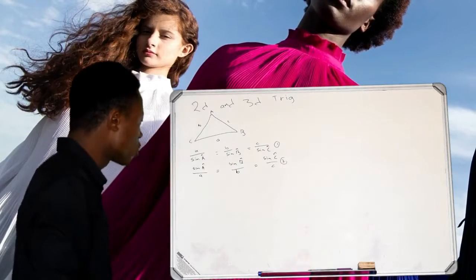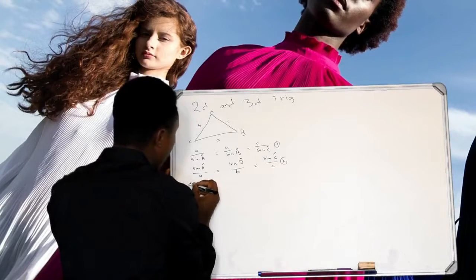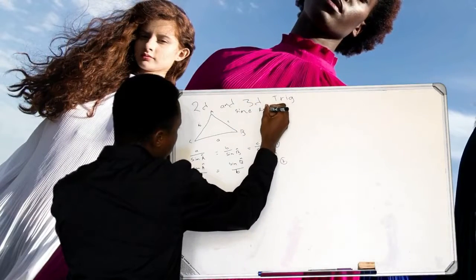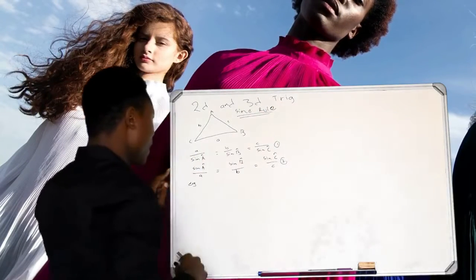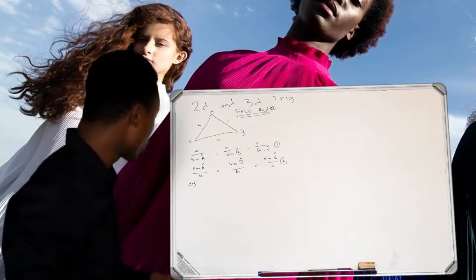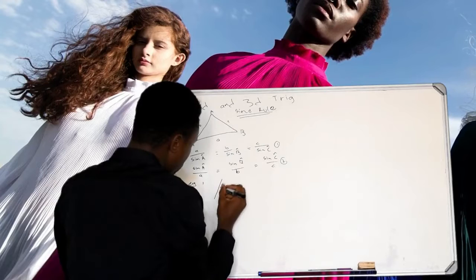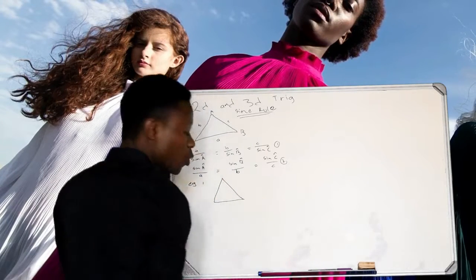So let's do an example so that you see what I'm talking about. Example 1 under sine rule, so that nobody gets confused. There's my triangle here, which might not be in proportion.